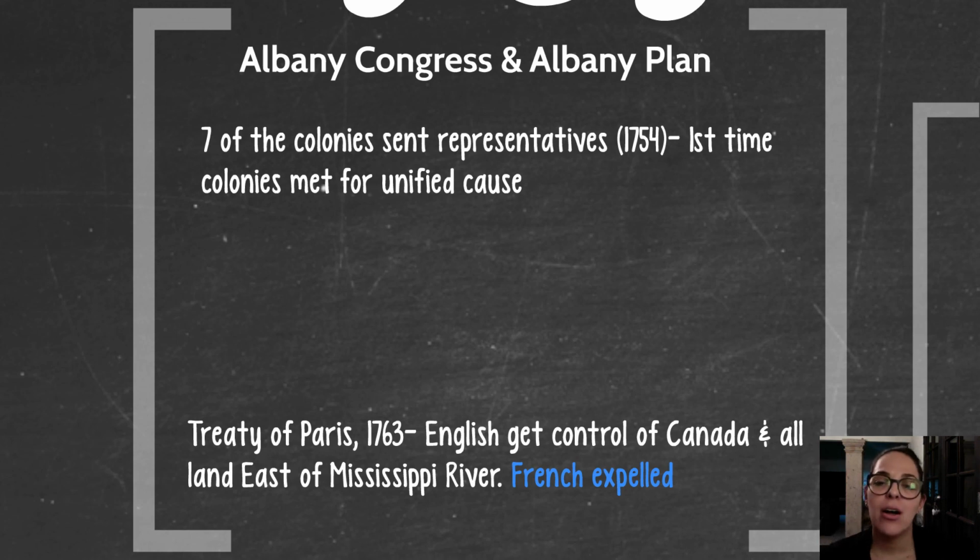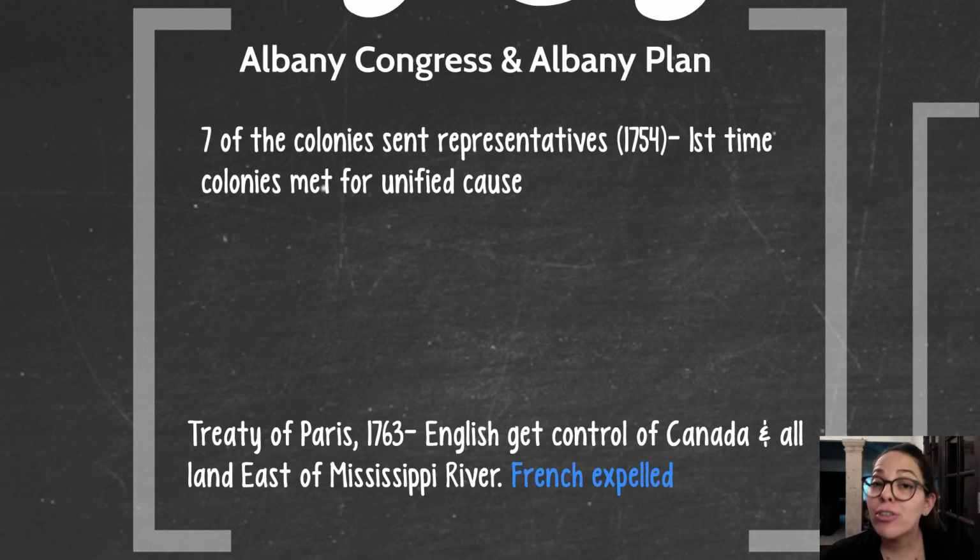The Albany Congress and the Albany Plan is an attempt to build colonial unity, right? So you've got these 13 colonies, and so it's a call to action. They want representatives from each of the colonies to go and to meet and to discuss and come up with a plan to unify.